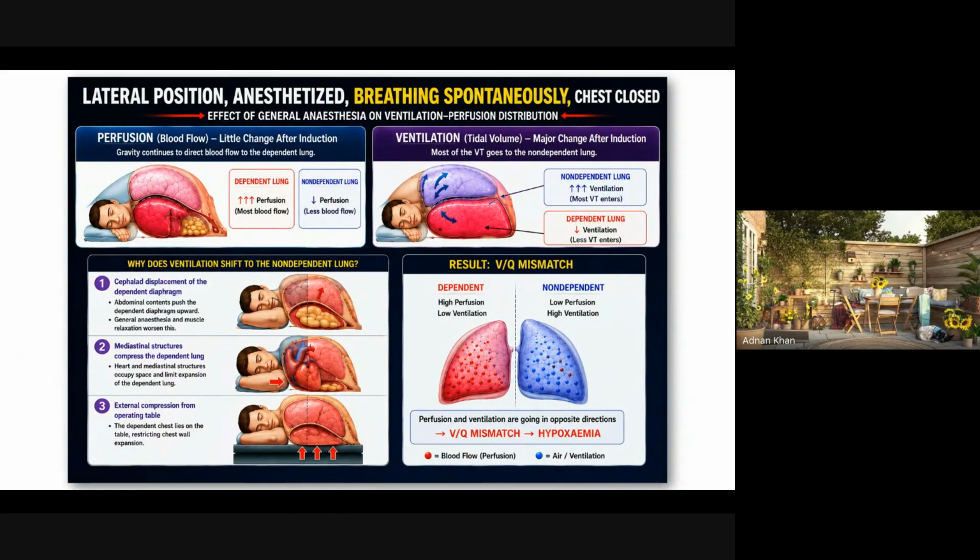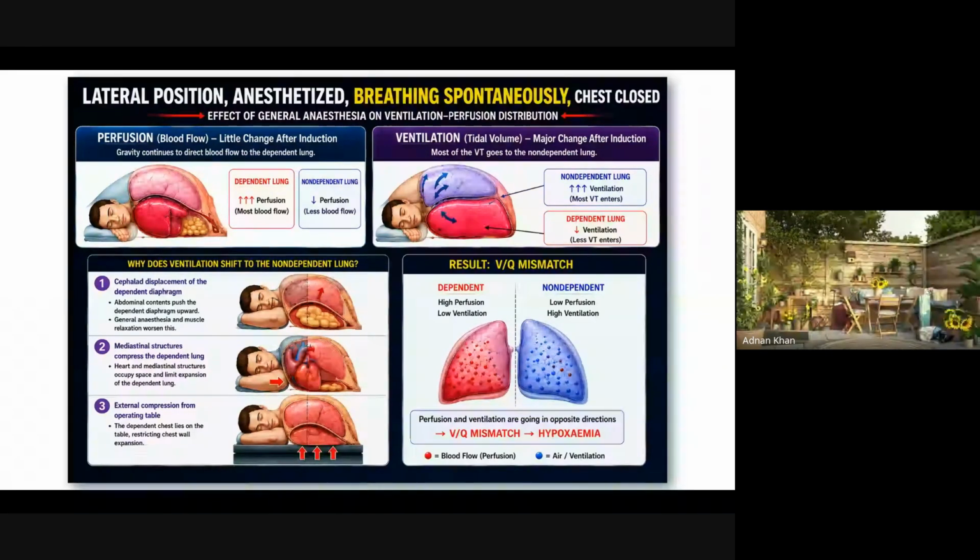Now, in the lateral decubitus position again, induction of general anesthesia has little effect on the perfusion, which remains preferentially distributed to the dependent lung because of gravity. But keep in mind that anesthesia markedly alters ventilation.